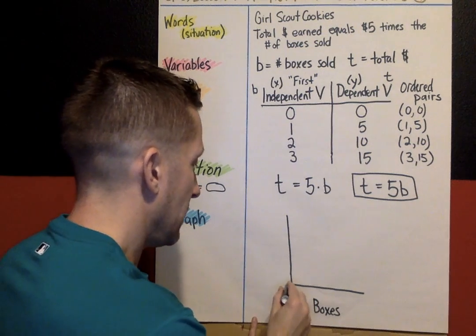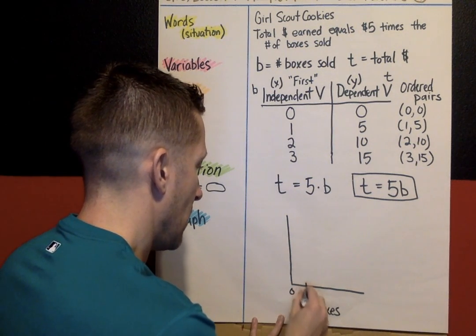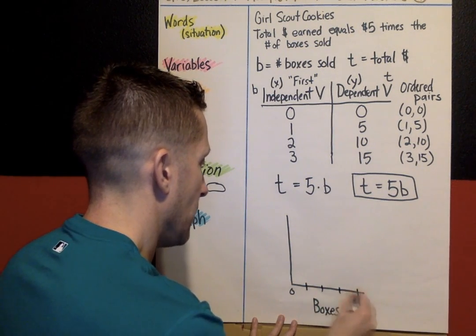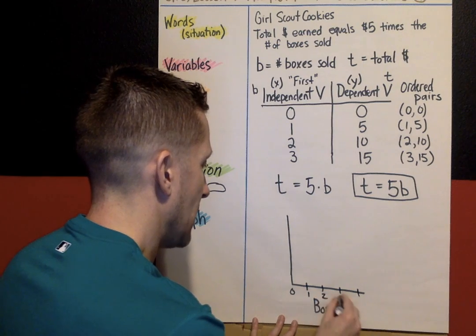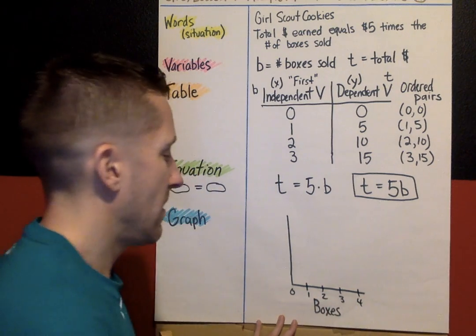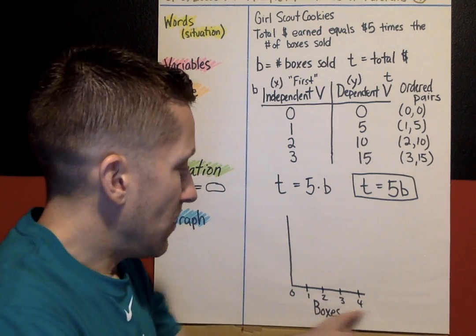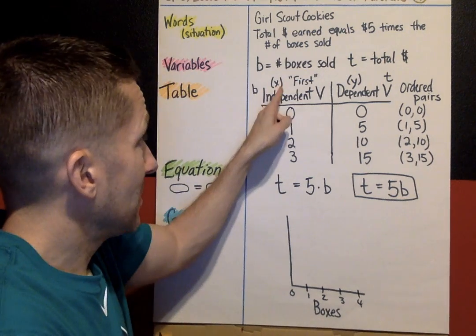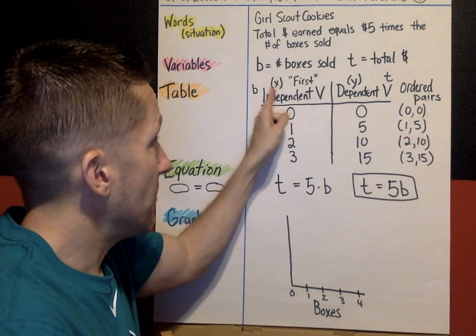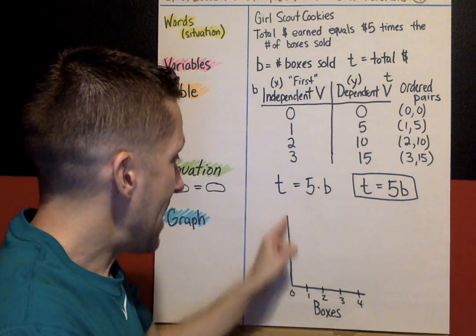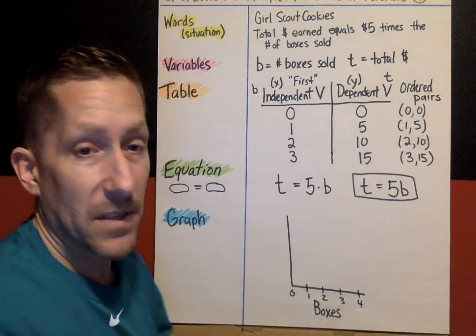So we've got boxes, and then 0, 1, 2, 3, 4. 1 box, 2 boxes, 3, and 4. The independent variable goes on the x-axis because it's the x value. The y-axis, the dependent variable, goes there.